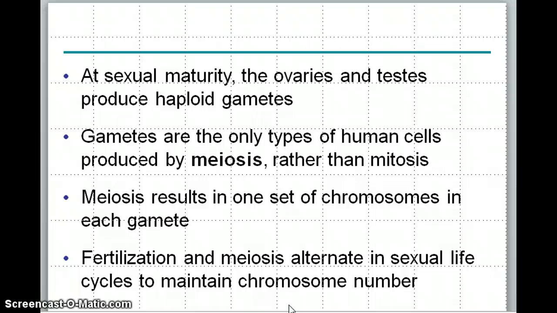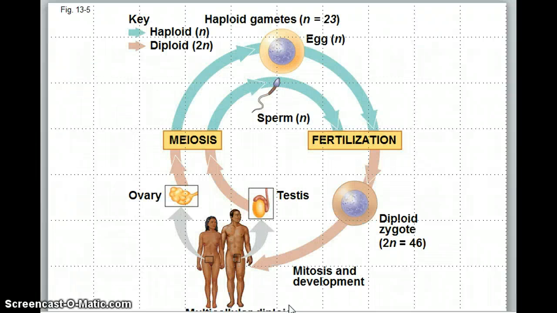Okay? Alright. This is just walking through what we just talked about, the haploid and diploid. Haploid is your sperm and your egg cell. Diploid is the zygote.